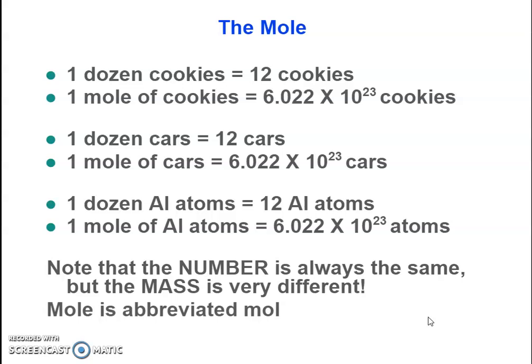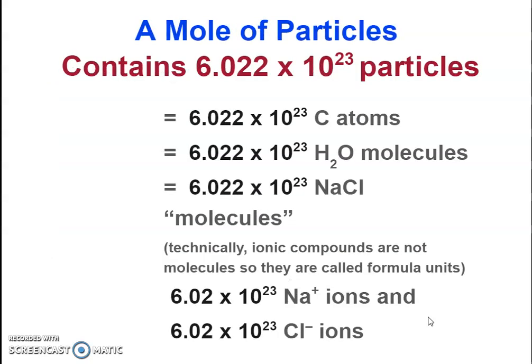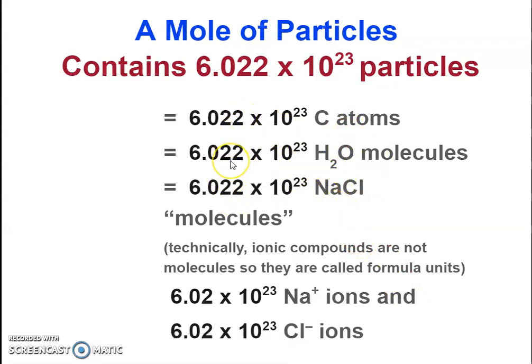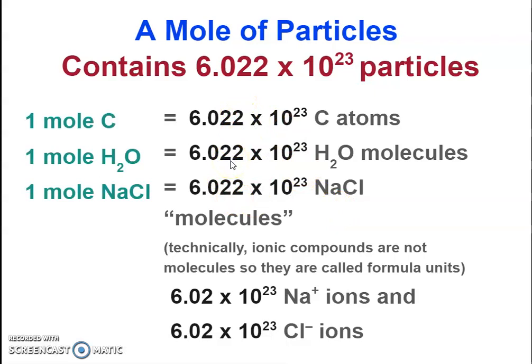So pretty easy there. All right, so as we said, you should probably already know this number, 6.022 times 10 to the 23rd. So no matter what type of atom or molecule or ionic compound we have, if we have this many, it means we have a mole of each. So notice we can use this to refer to atoms or molecules.